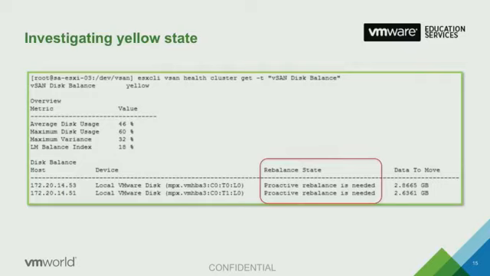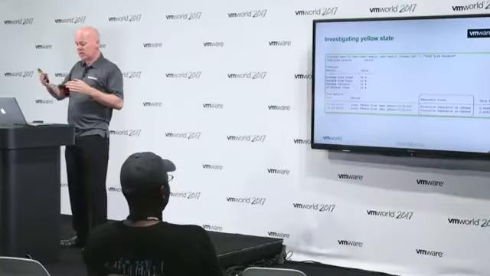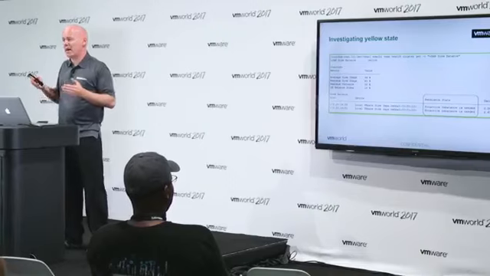However, what we're going to do is we're just going to look at that yellow one first from inside ESXi. And as you can see here, you've got vsan cluster get. The name of the test was VSAN Disk Balance. And as you can see here, we've got rebalance state, and it says proactive rebalance is needed. So that means that you can kick off a proactive rebalance yourself if you want to perform that resync yourself, or you can wait for VSAN to do it.